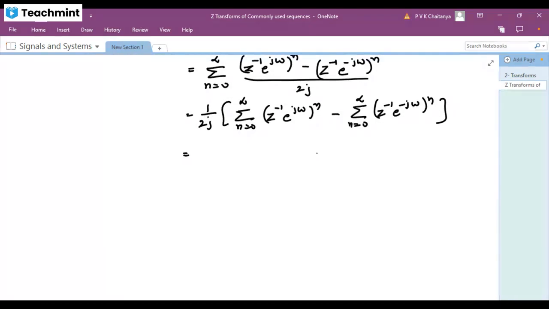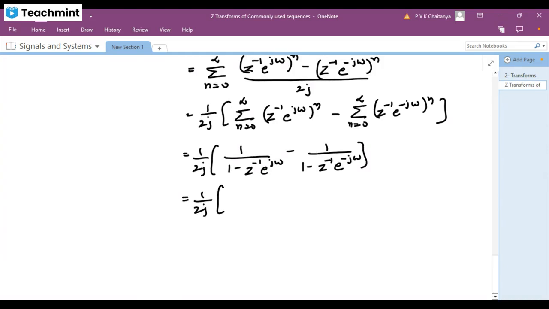So I can write this as 1 by 2j into 1 by 1 minus z inverse into e power j omega, and the second one is 1 by 1 minus z power minus 1 into e power minus j omega. Simplifying in terms of z, 1 by 2j into z by z minus e power j omega minus z by z minus e power minus j omega.